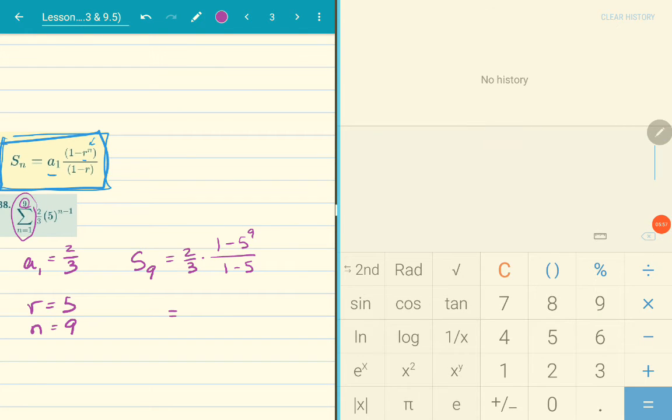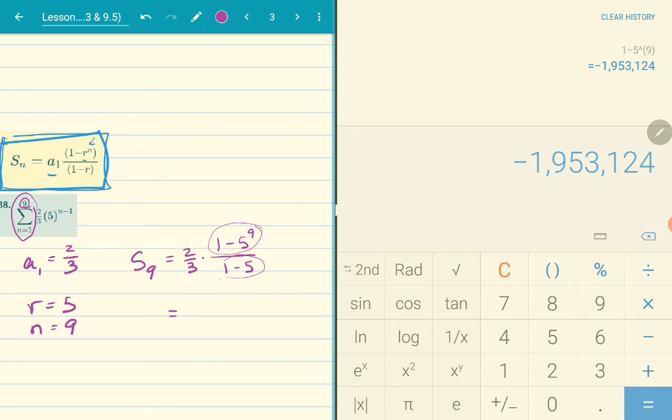I'm going to do the calculator with you this time. I'll start with this part: 1 minus 5 to the 9th. I'm starting with that because I know the fraction bar works like a grouping symbol, so I want to make sure that stays as a group. I hit enter, and then I take that and divide it by 1 minus 5.